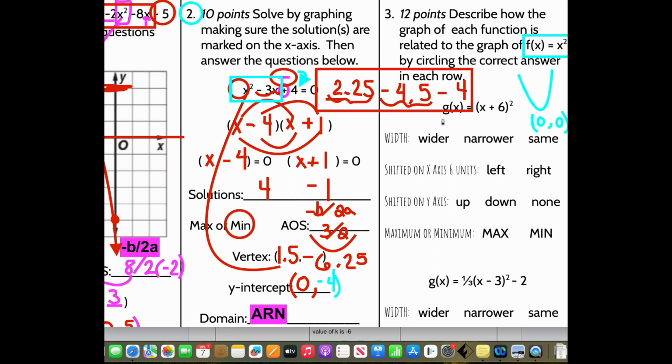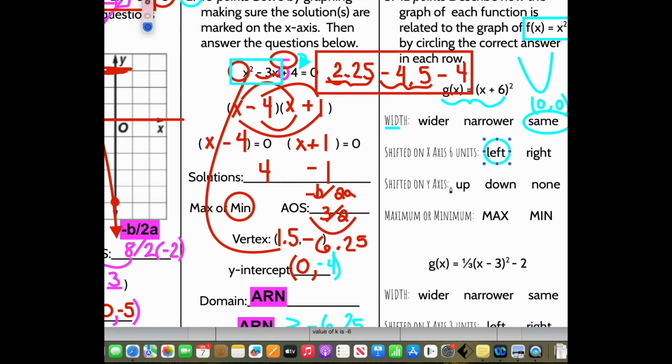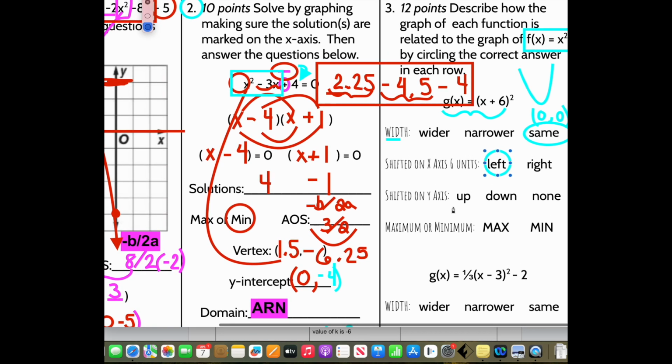So as far as g of x equals the quantity x plus 6 squared, the width is going to be the same as our parent function, but it is going to shift on the x-axis 6 units to the left. And it's going to be shifted on the y-axis, none. And it's going to be a minimum because it's going to be opening upward just like our parent function.